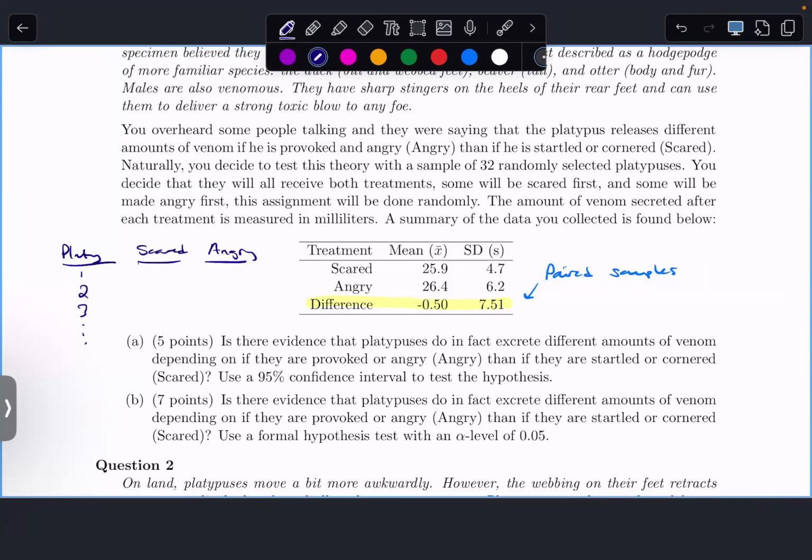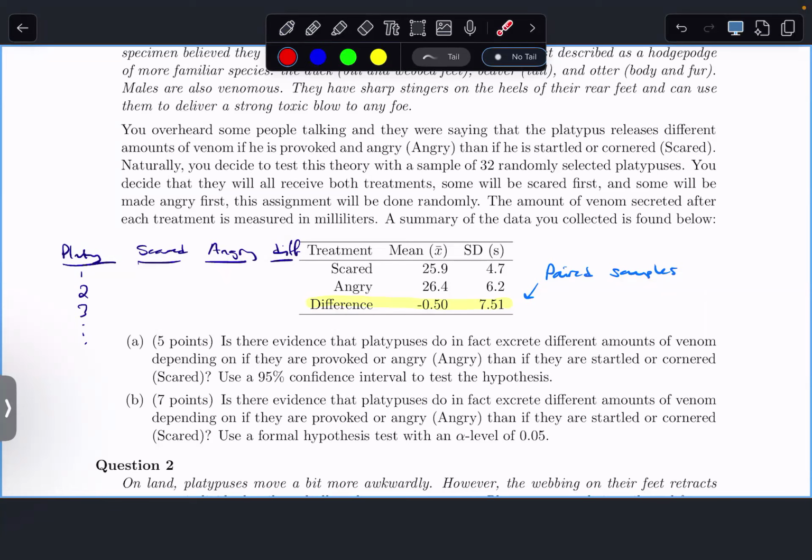And we also then have the difference between the two. Now the difference becomes one column, right? One sample of differences, right? And that's the beautiful thing about paired samples: now you just have one sample of differences, right? And so here, this is two samples, but it's a special case because I've made two measurements on the same platypus, right?